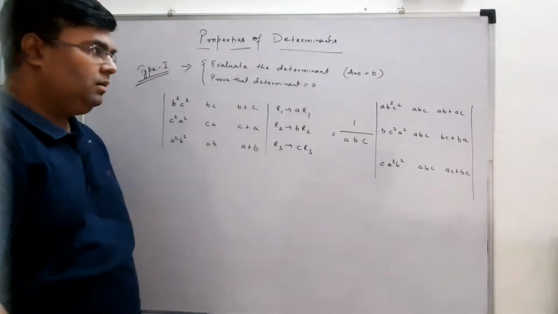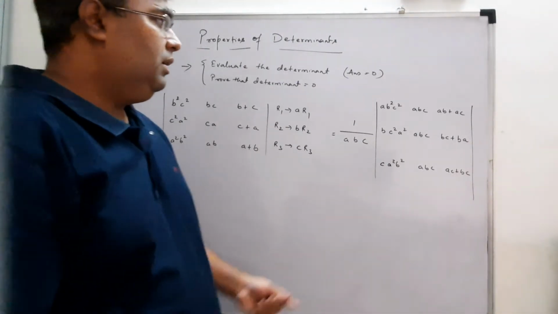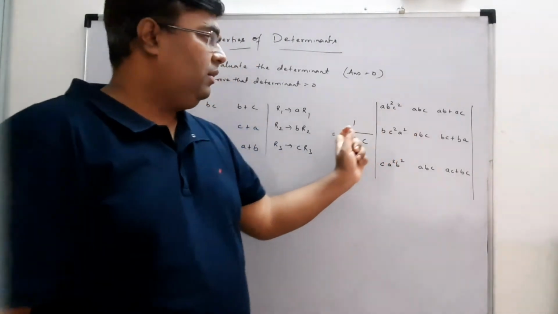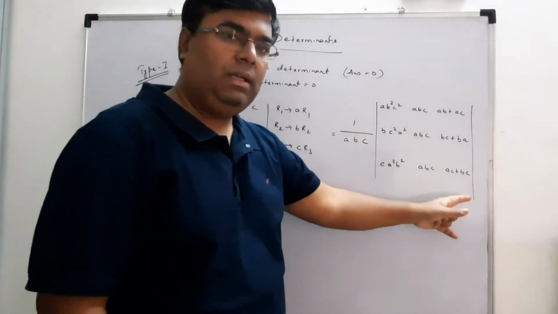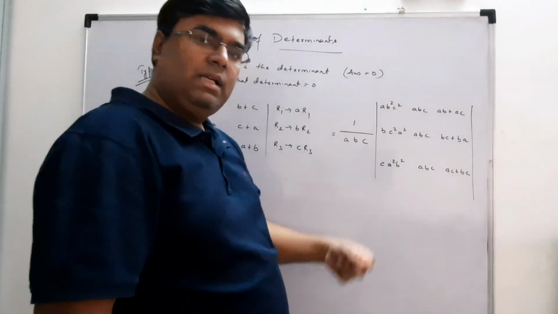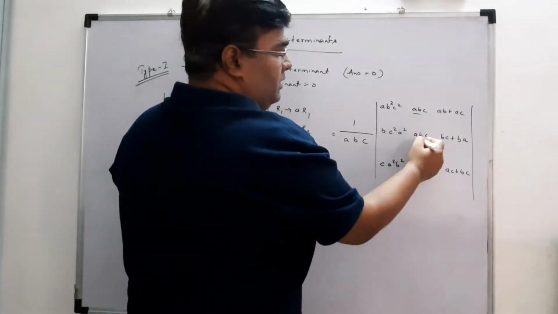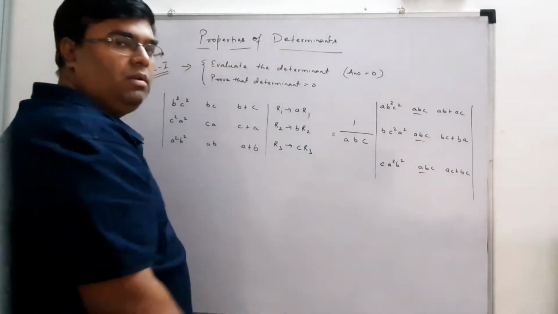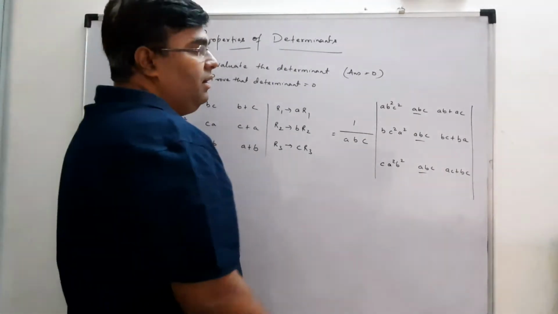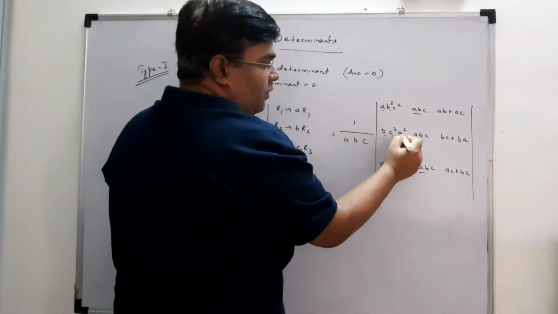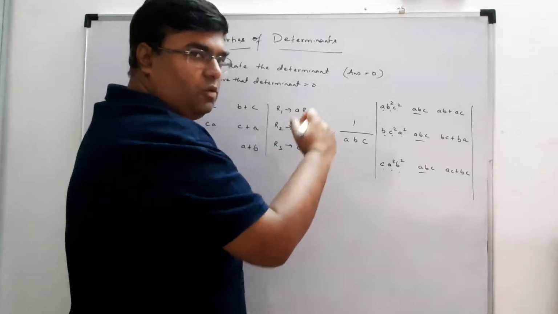Understood this step? What have I done? I have multiplied row 1 by A, row 2 by B, and row 3 by C, and outside I have divided by the same term. Now we can take ABC common from C2 and ABC common from C1 also.